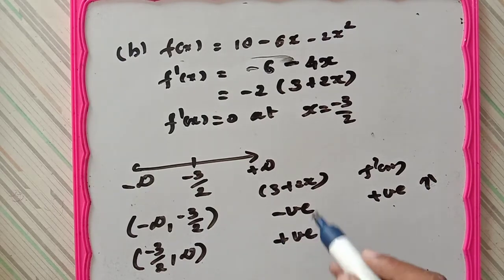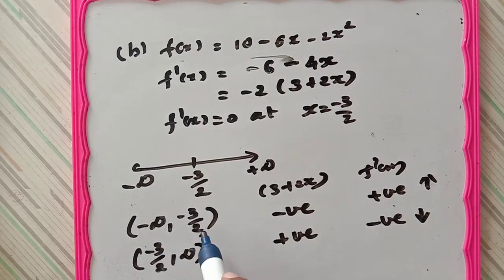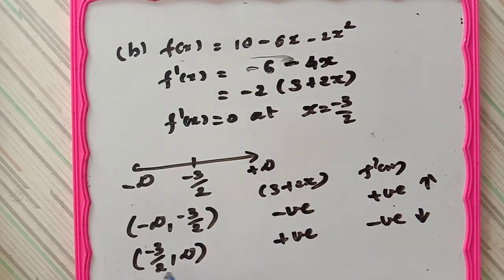It is positive function into -2 is the negative, and so it is a decreasing function, and so in -∞ to -3/2 it is the increasing function, while -3/2 to ∞ it is the decreasing function.